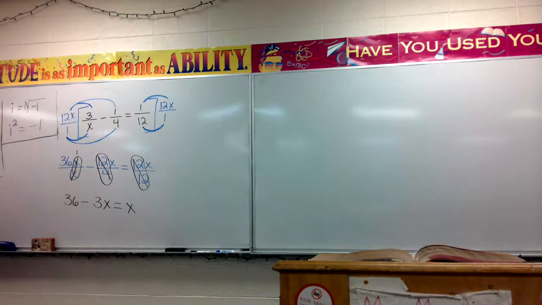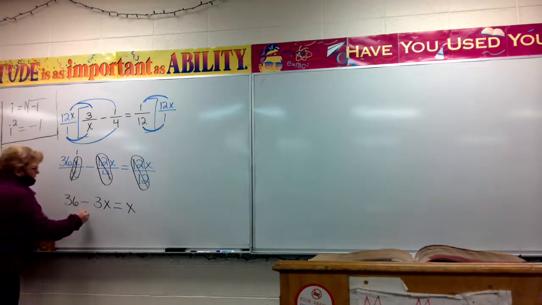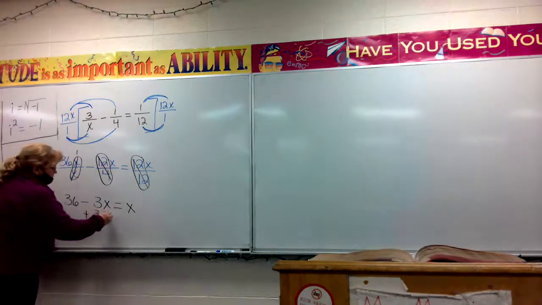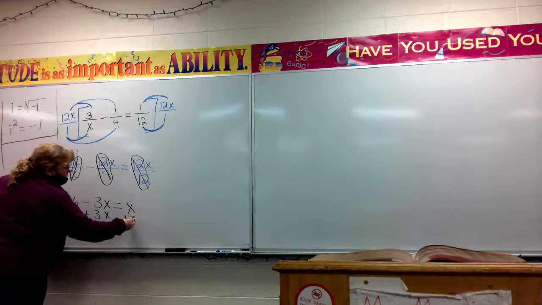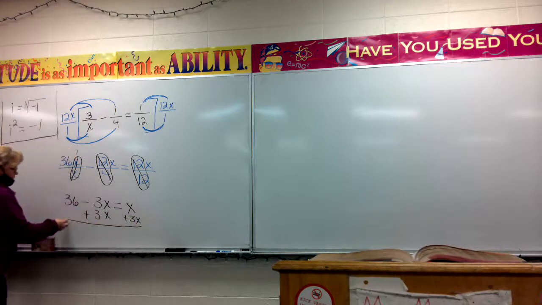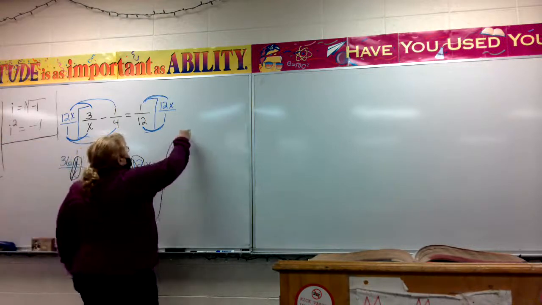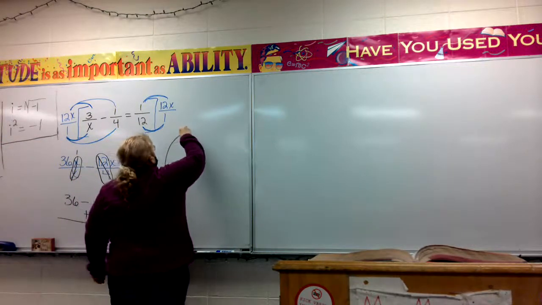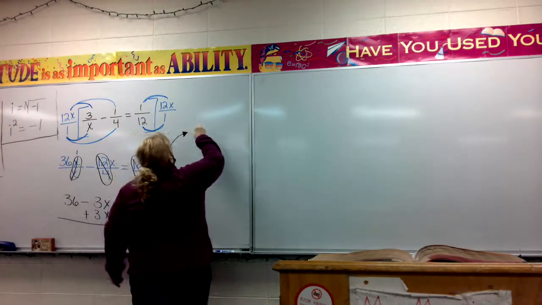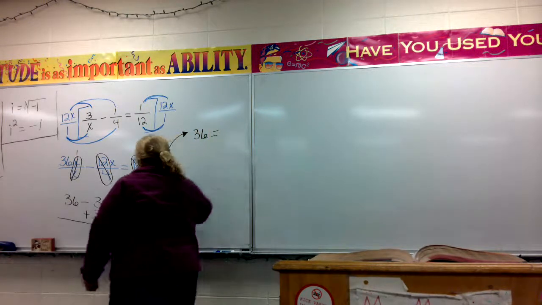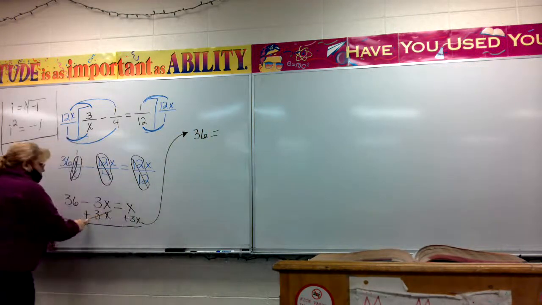You have to get all the x's together. What would you do to get all the x's together? Right, that's what I would do. Add 3x. So what do you get from there? On this side, you just have 36. This cancels.